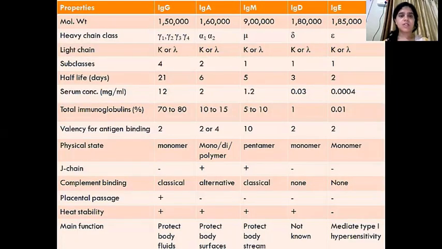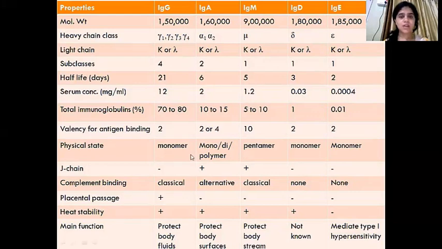So now this is the difference between all the 5 classes of the immunoglobulins: molecular weight, heavy chain class, light chains, subclasses, half-life. Here you can see only immunoglobulin G has a longer half-life, and its concentration is higher. Balance is between 2 to 10.